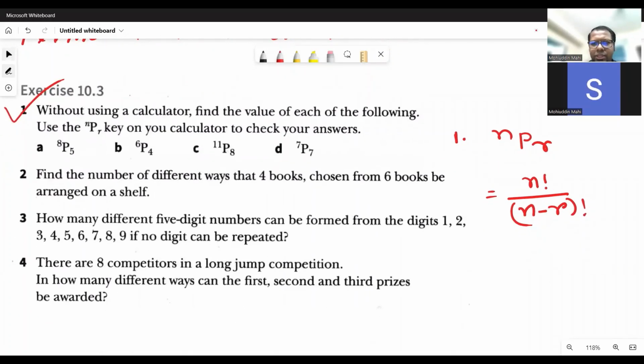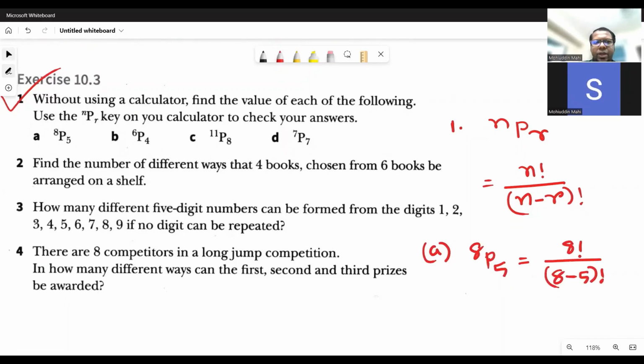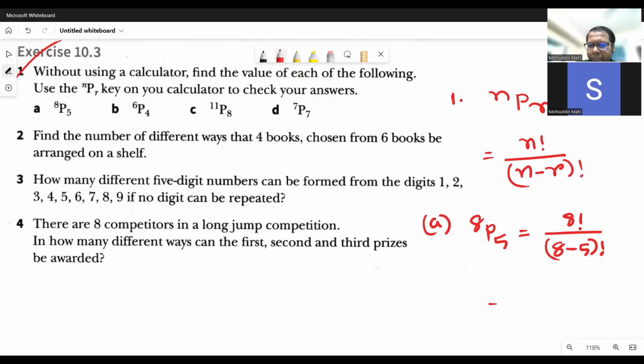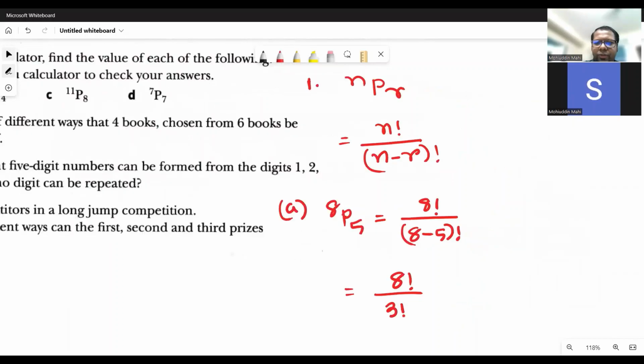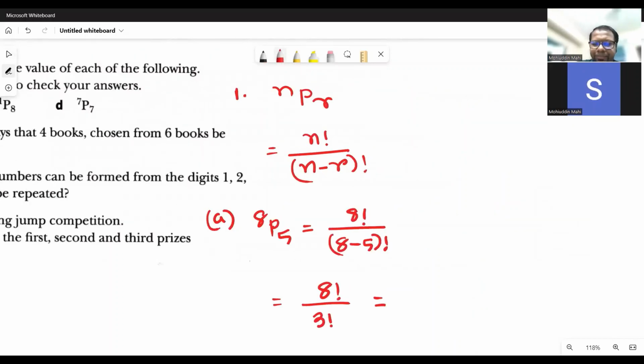So the first one is 8P5. It will be 8 factorial divided by 8 minus 5 factorial. You cannot use the calculator. So 8 factorial divided by 3 factorial. Now 8 factorial can be written as 8 into 7 into 6 into 5 into 4 into 3 factorial.